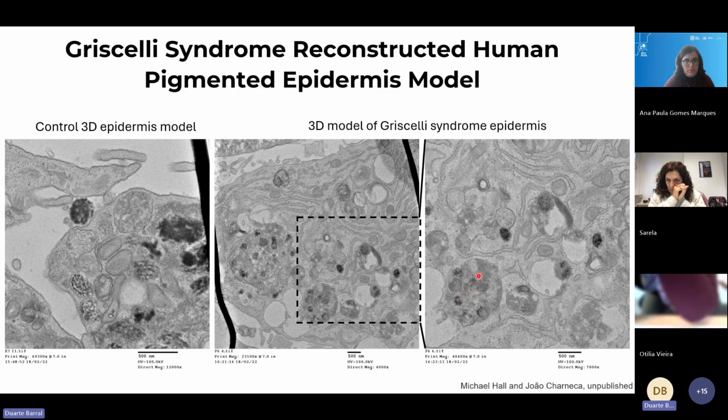And so, of course, this is not like the control. And this is probably one of the reasons why we see the phenotype in the patient's skin.